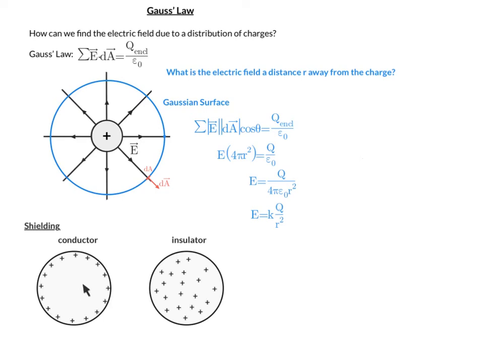On the conductor, since charges are free to move about, they will like to be as far away as possible from one another because there are electrostatic forces acting on all these particles. So they will distribute themselves so that they are as far away from one another as possible.